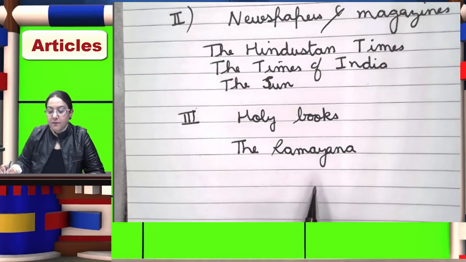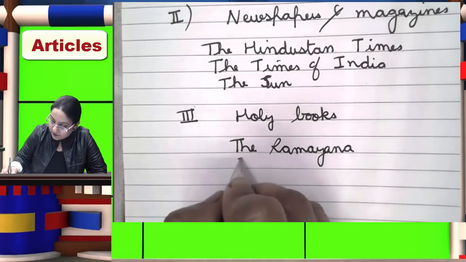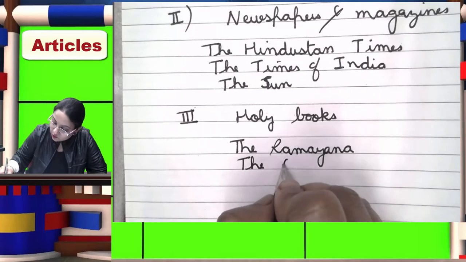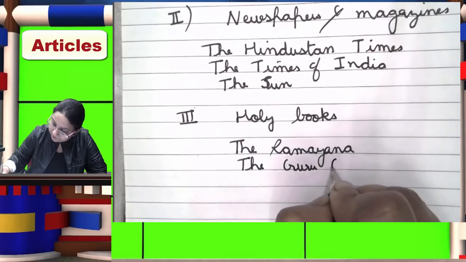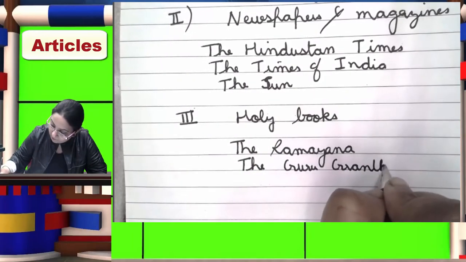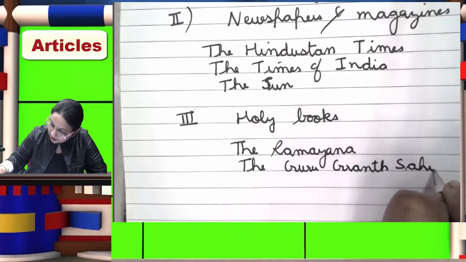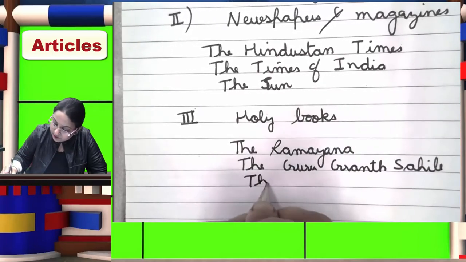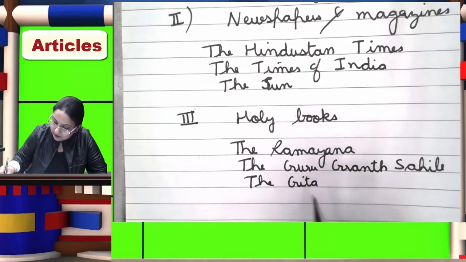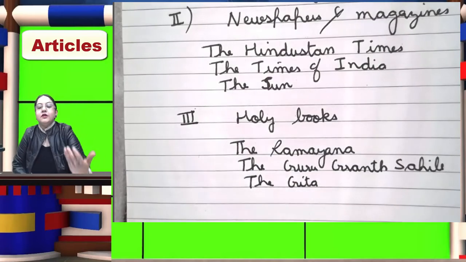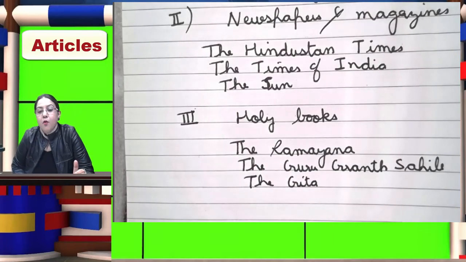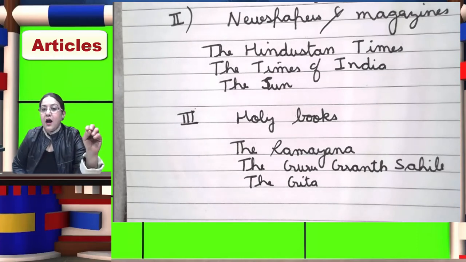So whenever I will speak about Ramayana, I will say the Ramayana, the Guru Granth Sahib, the Gita. Now here I would like to emphasize that the I am also using in those cases when the object that I am talking about is special, or you can say it is unique or one of its kind.